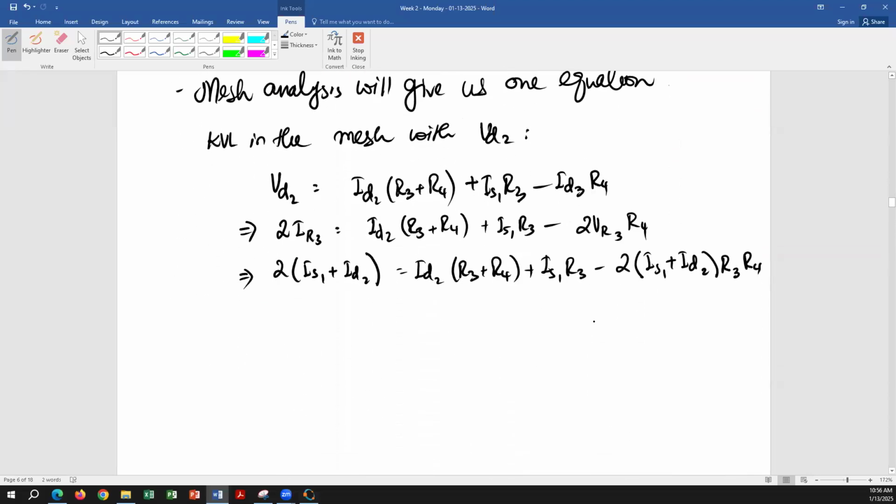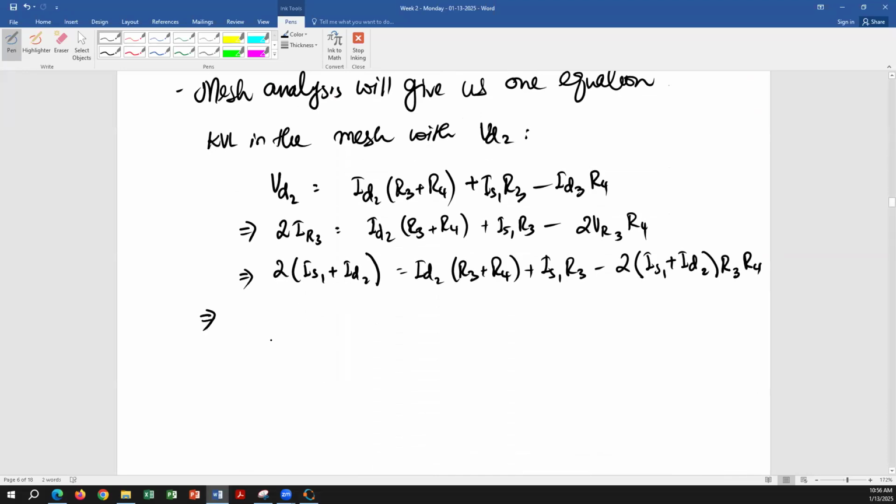So from the dependent sources, we went ahead and plugged in their respective variables in terms of the known values and the unknown value. And now our equation has only one unknown, and that one unknown is ID2. So we're going to put ID2 on one side of the equation. Everything else is going to be on the other side.